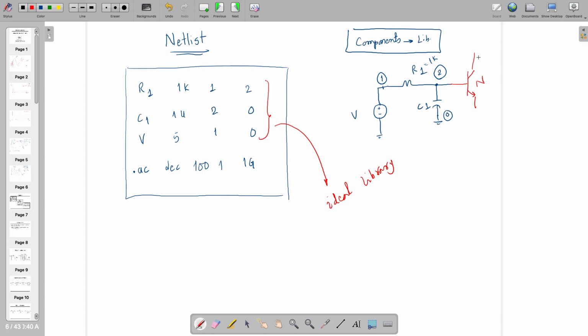Then a diode, or maybe an op amp, it might be 741 or whatever the number is. Then you need to know how this op amp, BJT, or diode will work. Those things need to be added here, and that is known as the model library.